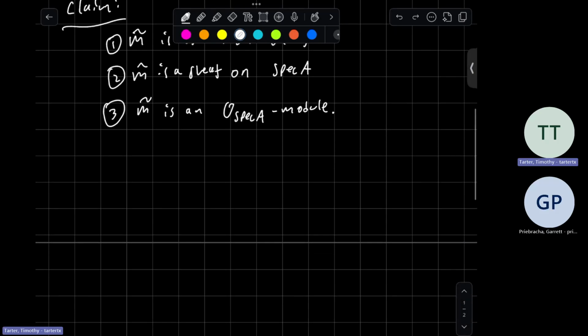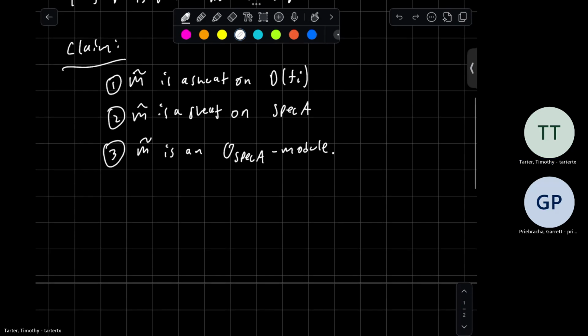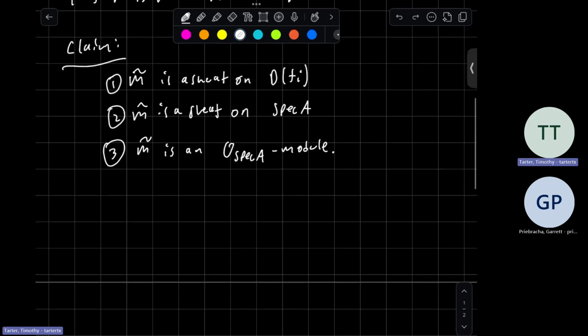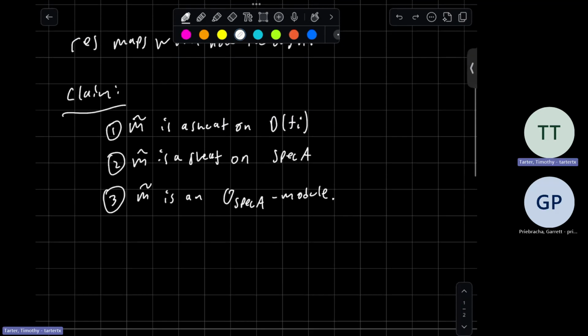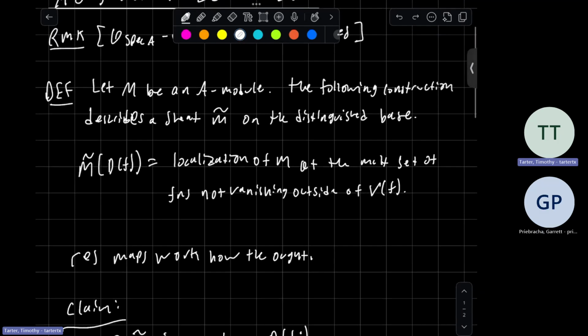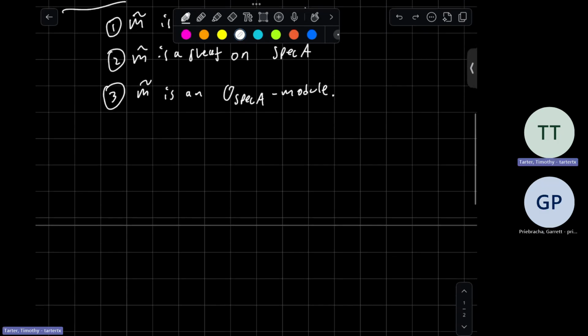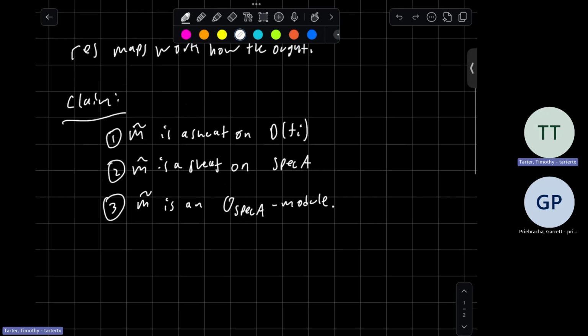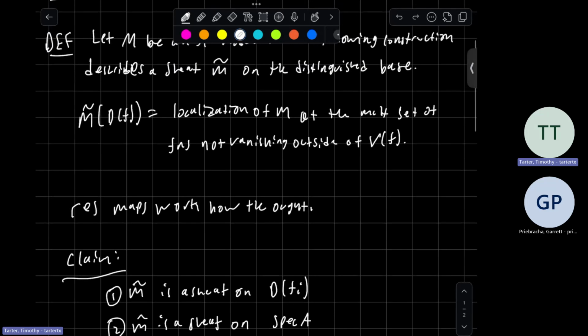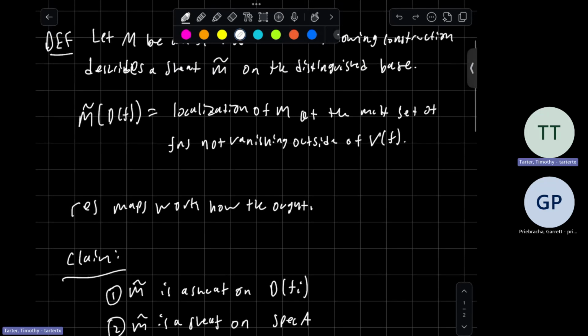And so I guess we really want to figure out a few things. I think we're given that it's a pre-sheaf, right?